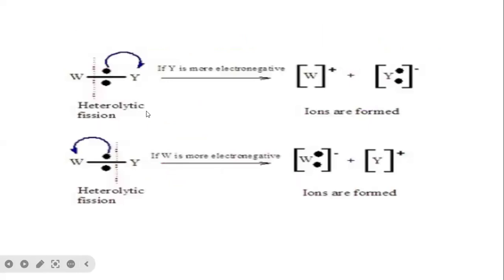This is heterolytic fission. If W and Y differ, the covalent bonded electrons may be attracted towards the more electronegative Y, so Y is negatively charged and W is positively charged. And if W is more electronegative, W may become negatively charged.